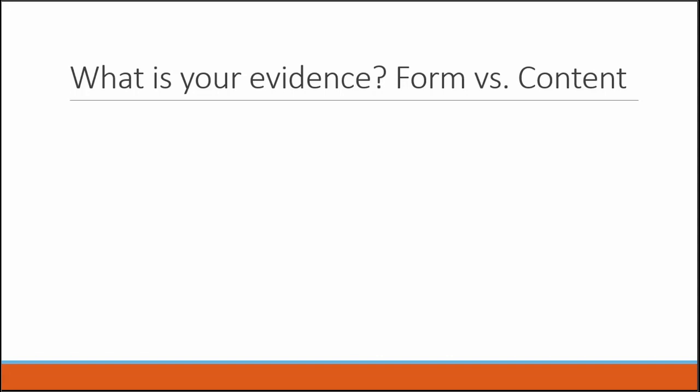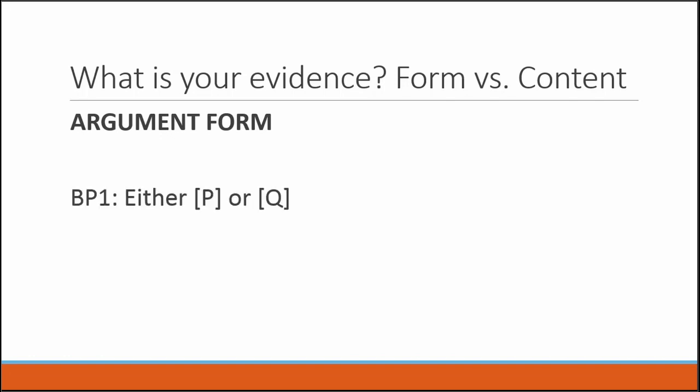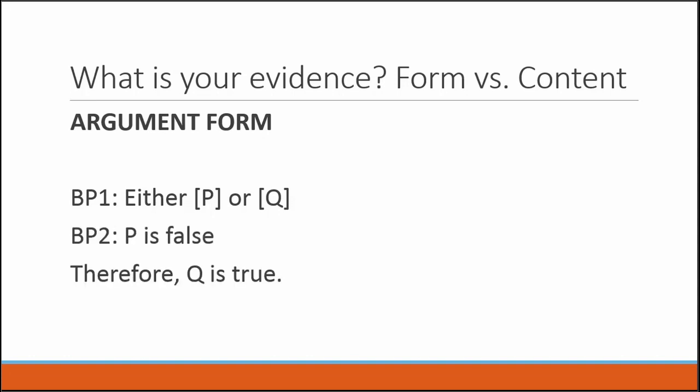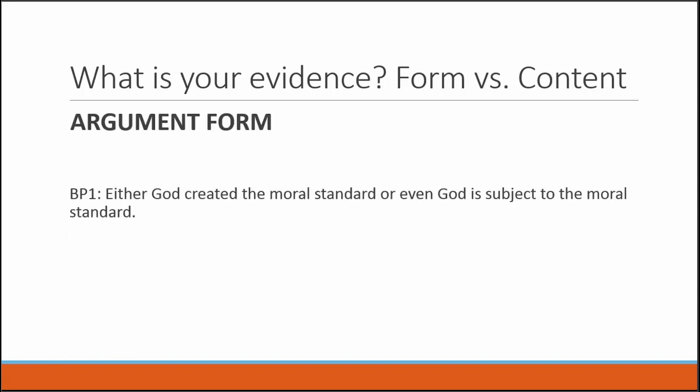Let's try another form. Either P or Q. P is false, therefore Q is true. So this argument form is different from the last one. And here again, we can put in whatever simple statement, whatever content we want for P or Q. Either God created the moral standard, or even God is subject to the moral standard.